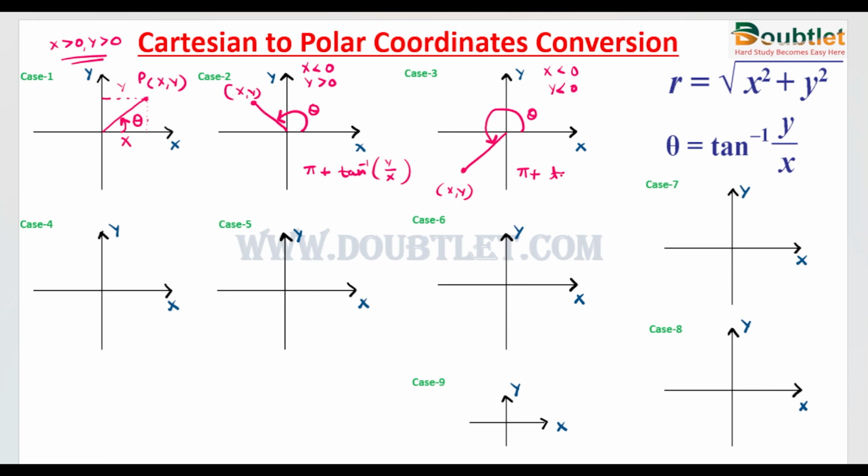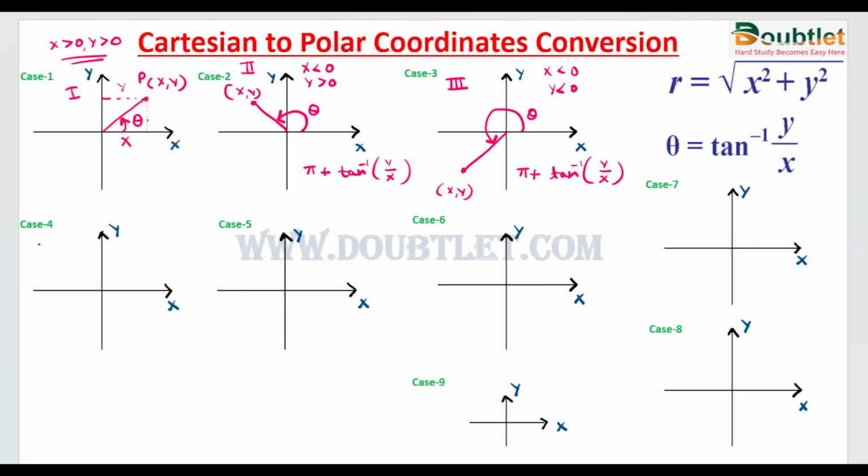So we can write theta as pi plus tan inverse of y divided by x, because y and x are both negative, so the negatives cancel out. No negative comes out of the tan inverse, and both angles are added. So this is the polar angle for case 3, the third quadrant. Here it is the third quadrant, here the second quadrant, here the first quadrant.